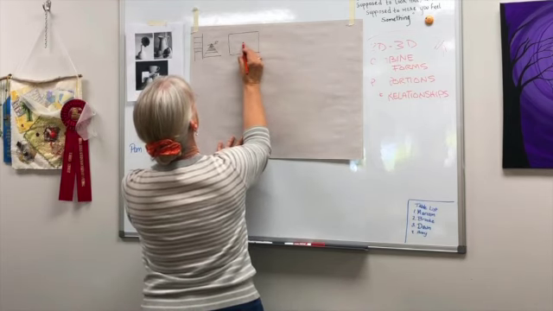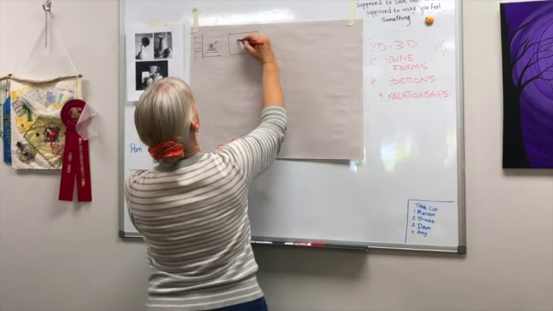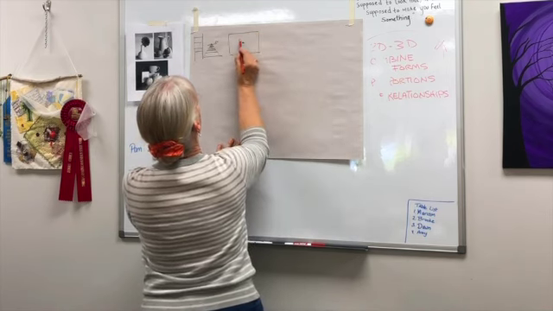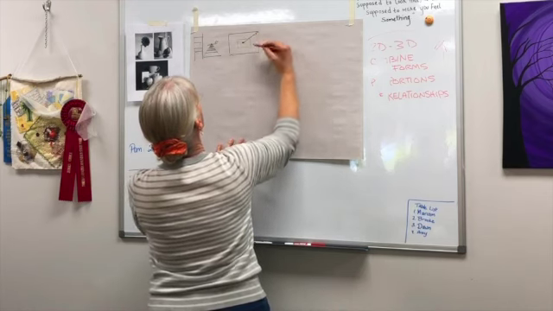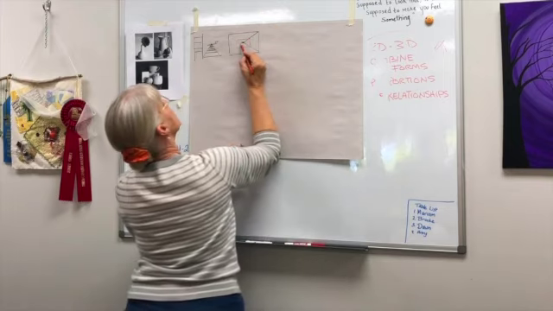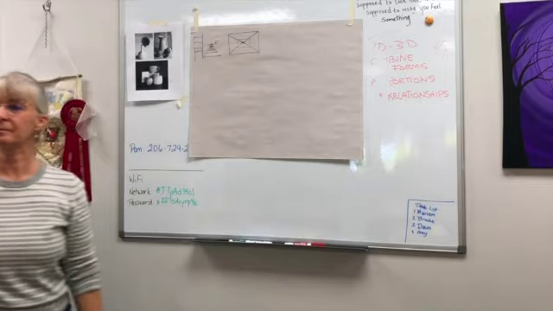I'm standing in the middle, this is my head, my eyesight, horizon line. So here's the back wall. And I know that all of these lines are going to converge at a vanishing point on the horizon line.